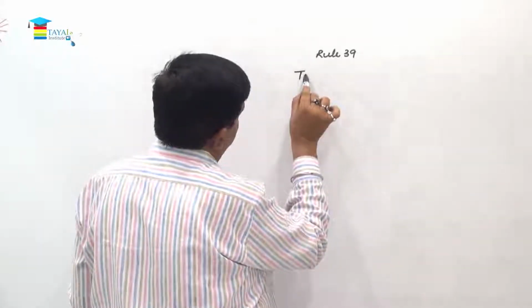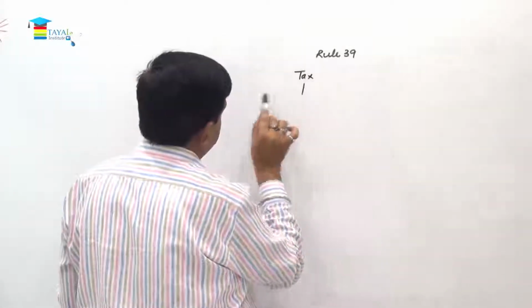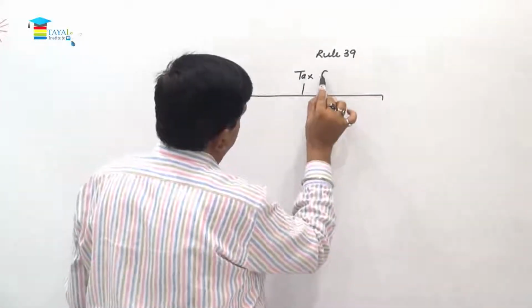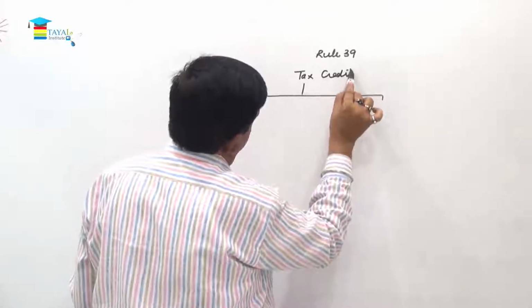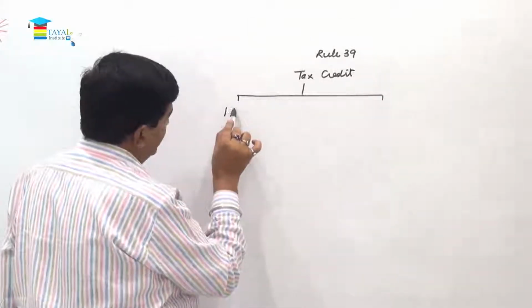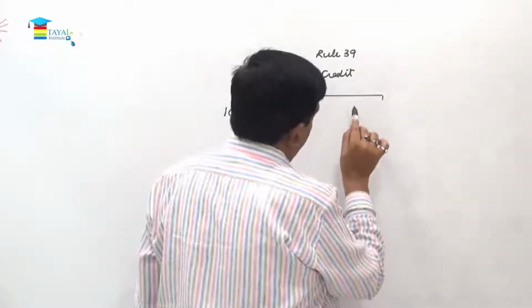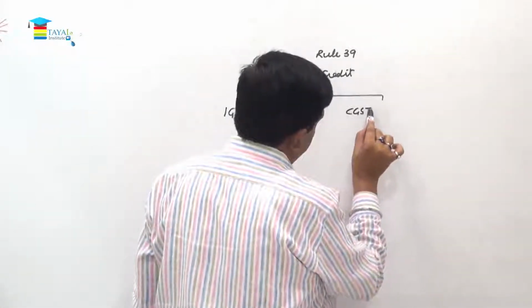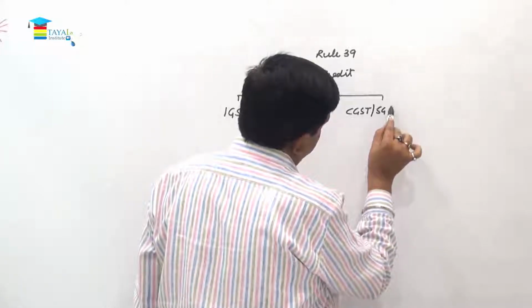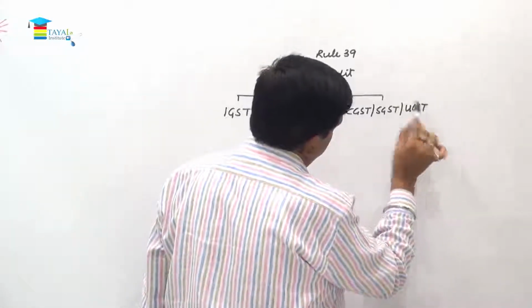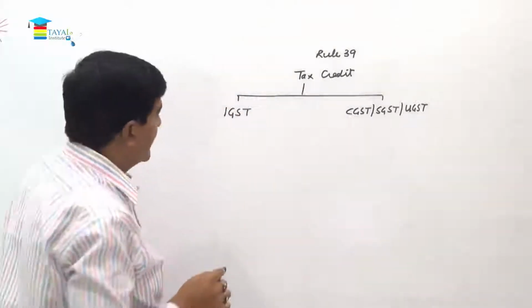So here I am just writing that word tax credit. So if it is a credit of IGST, that is one part, and if it is a credit of CGST or SGST or UGST, how this is to be transferred.